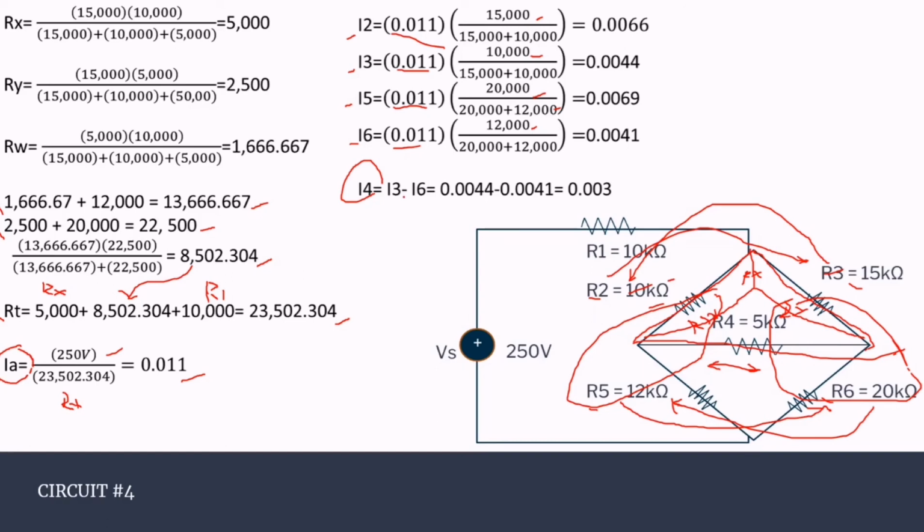To get our I4, we will get the side that has a positive discrepancy. Positive discrepancy is when they are minus, the difference or the answer is positive. So we have I2 and I5 and R3 and I3 and I6. So I3 minus I6 is equal to 0.0044 minus 0.0041 is equal to 0.003.